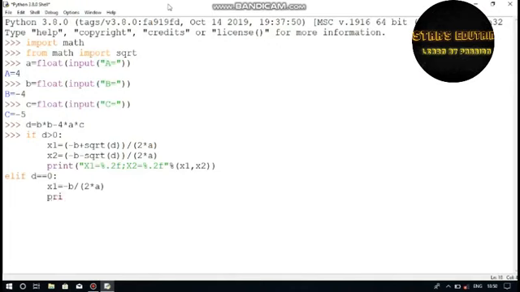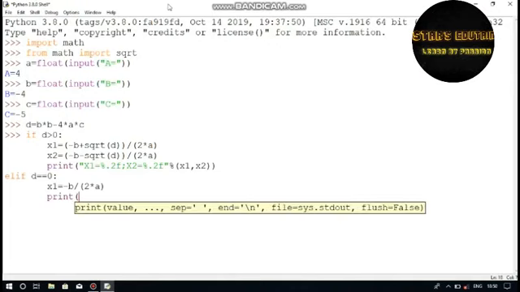If the condition is satisfied there, then print x1 equals with .2f, and the modulus of x1.